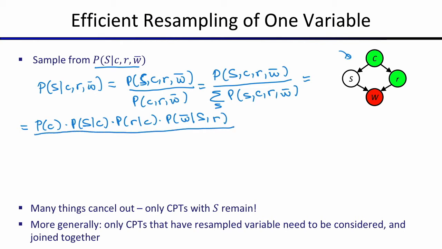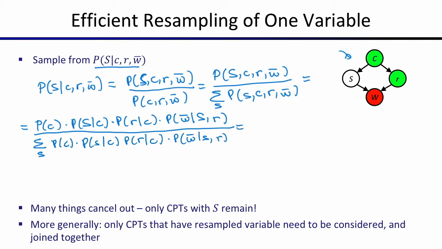And that's going to be divided by this sum here. So it's going to be the sum over S of, again, the probability of little c, but this little s will assume the two values, true and false, times the probability of r given c, and the probability of not w given s and r.